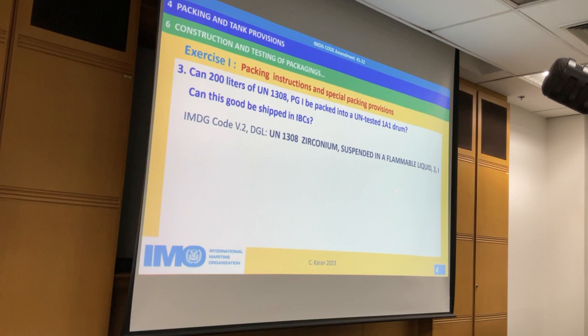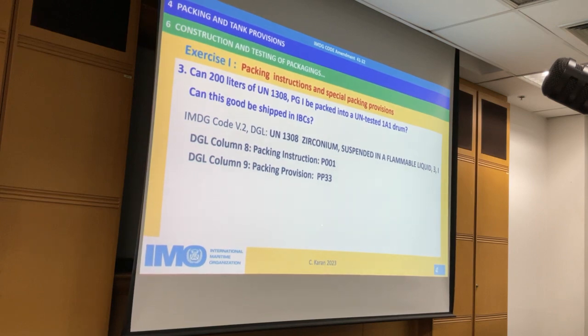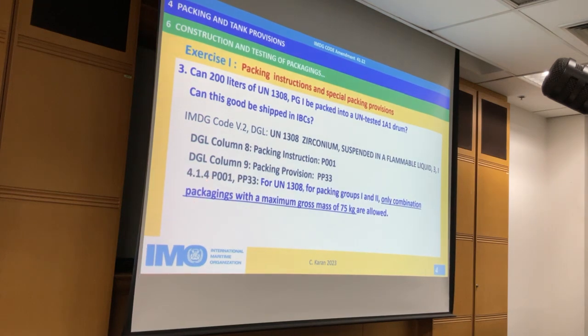When we go there, column 8, packing instruction P001, packing provision, there is PP33 also. We should check it. If we have a special provision, we should always look at it. It may say something to us. In P001, PP33, what does it say?